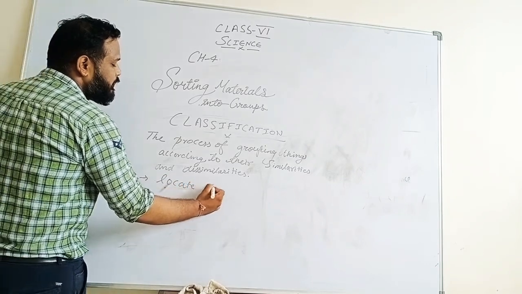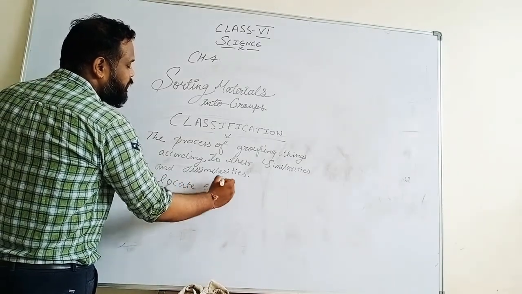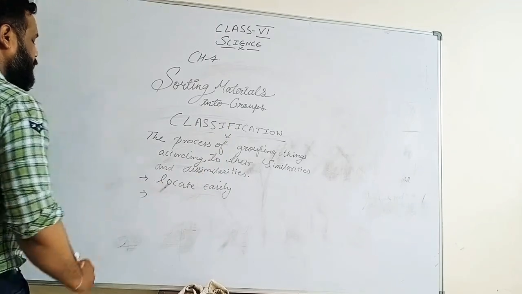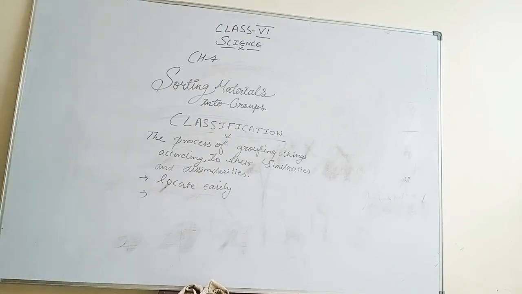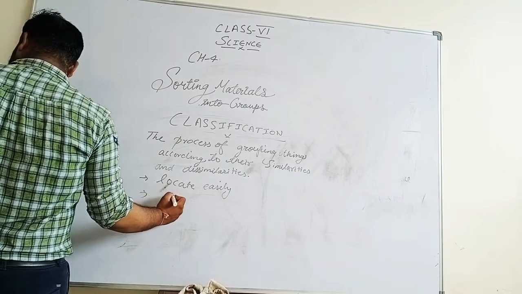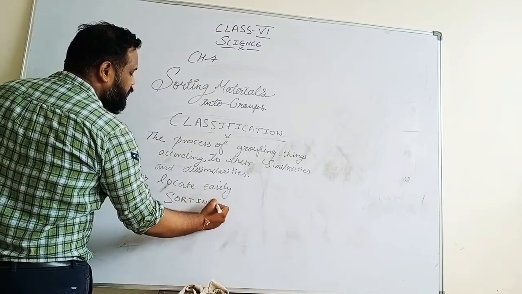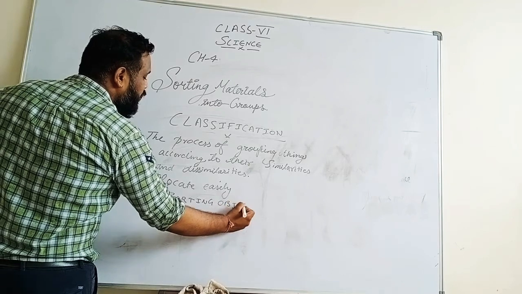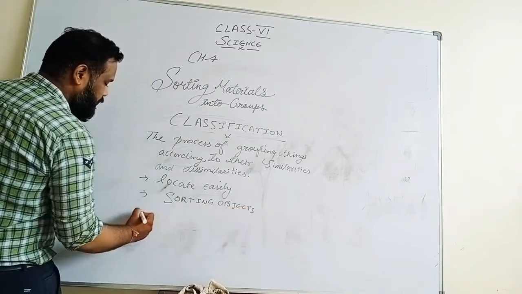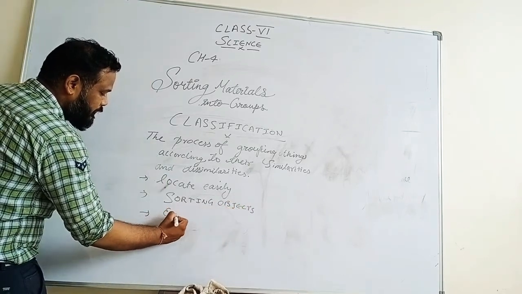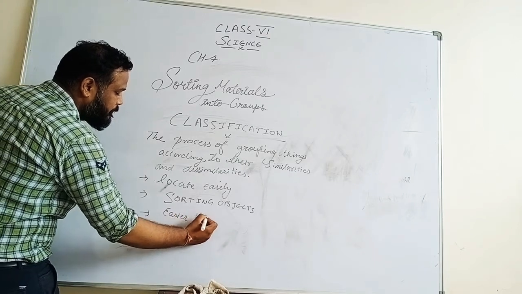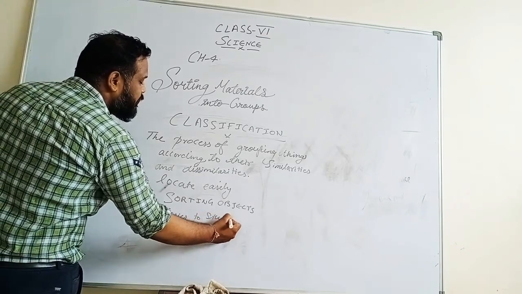Now this also helps to locate things easily. Now what will be the second point? It helps to just sort out materials so that you can find it easier to arrange them, and classification helps you to study them easily.